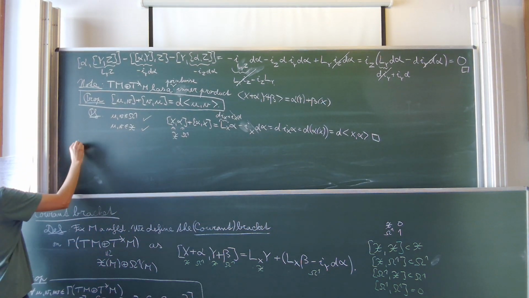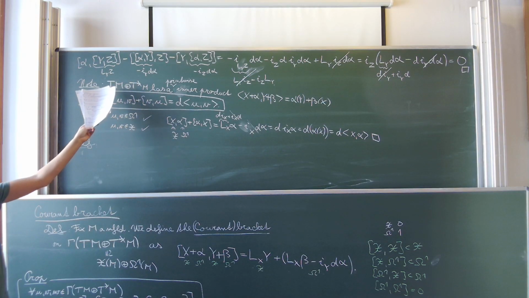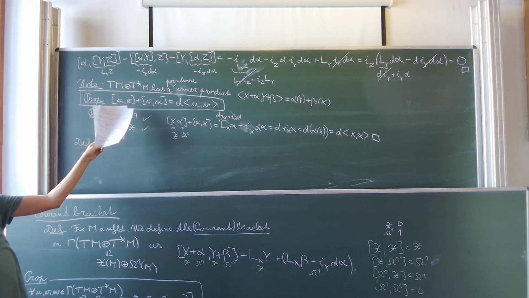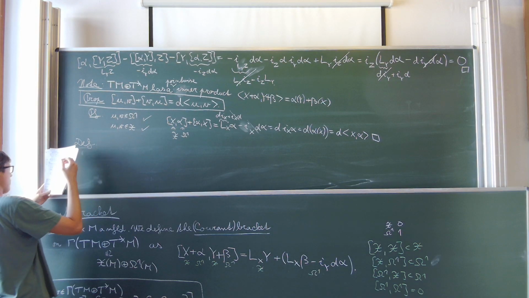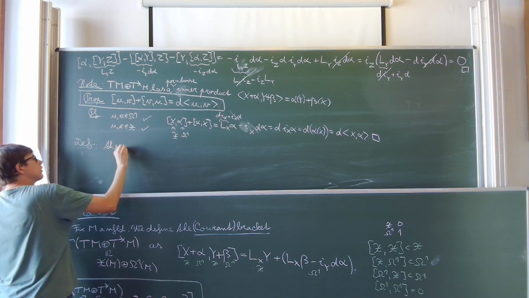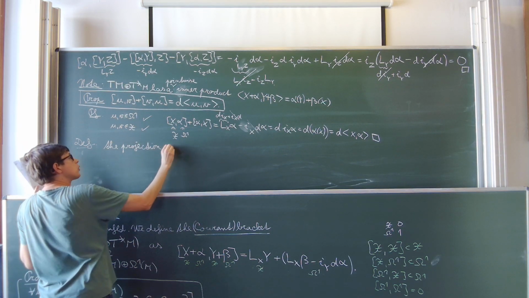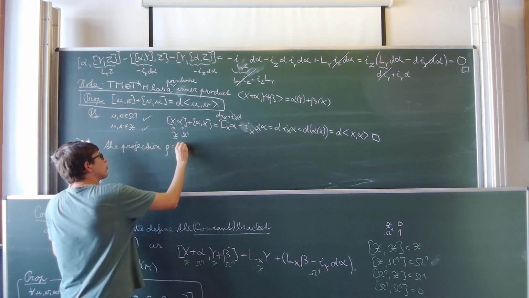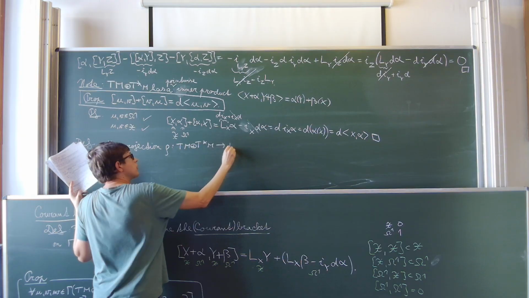So let's make one more definition. Now we have this bundle, and we know that there is an interesting bracket. We know that there is an inner product. Now let's define what is called the anchor map. Let's say the projection, I will call it rho, from this bundle to the first factor, the vector fields.